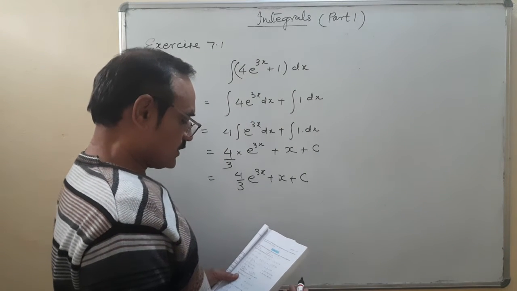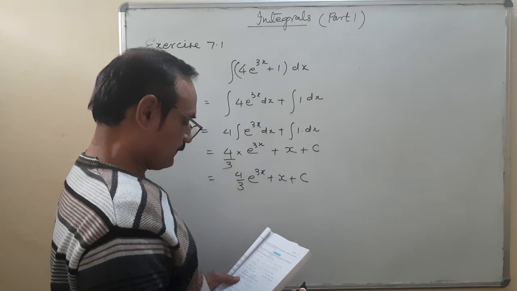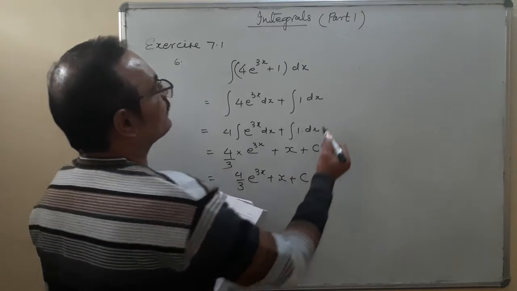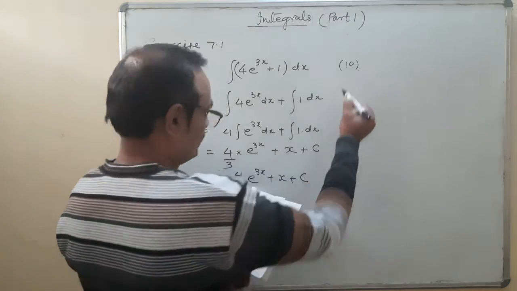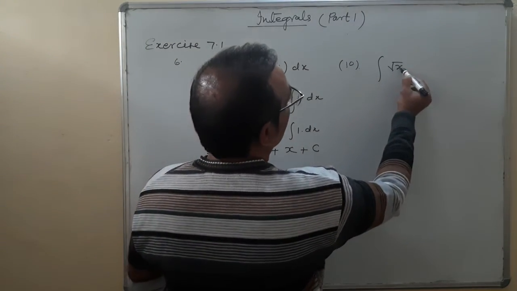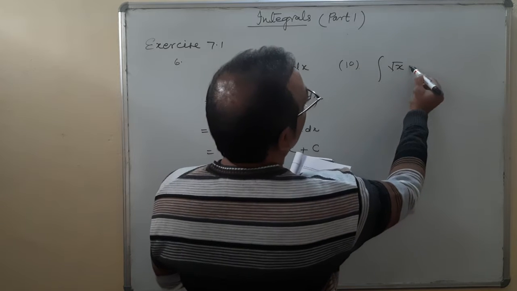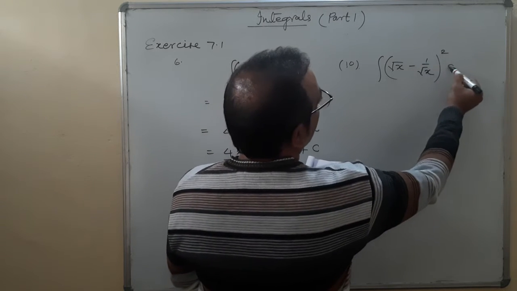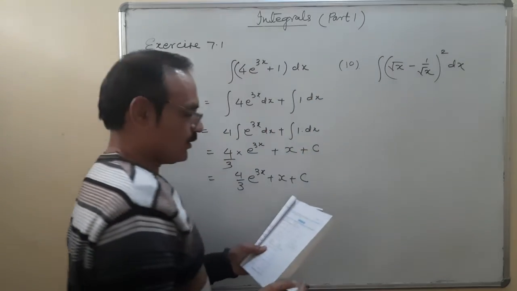After that, many questions are there. One question, number 10, I am taking from it. Integration of (root x minus 1 upon root x) whole square dx. Okay.